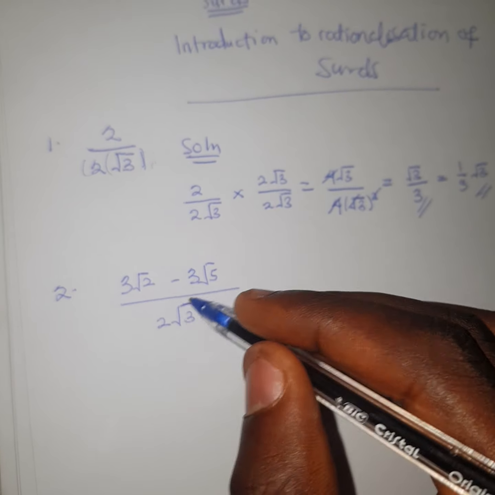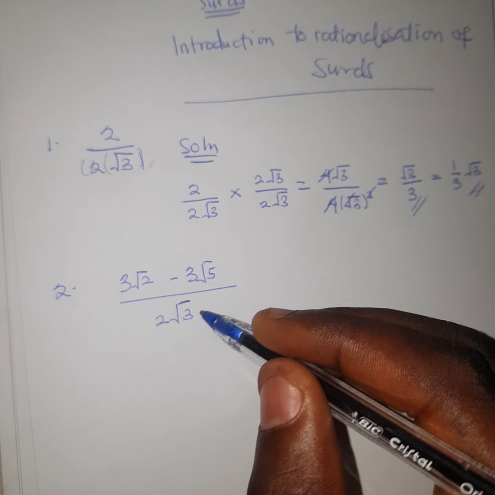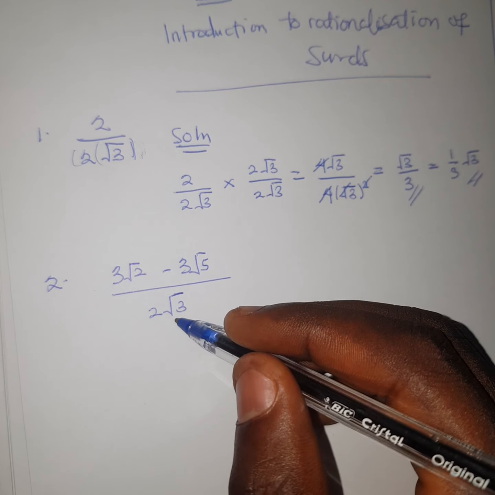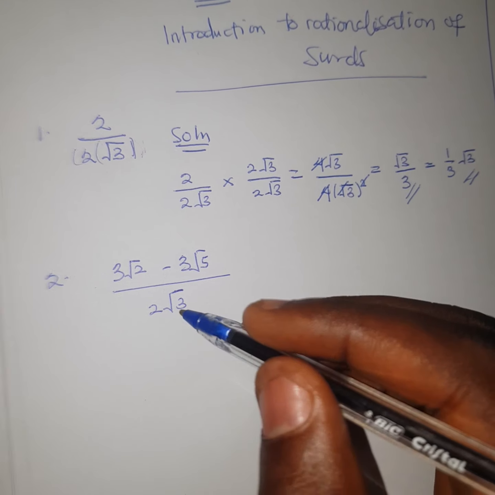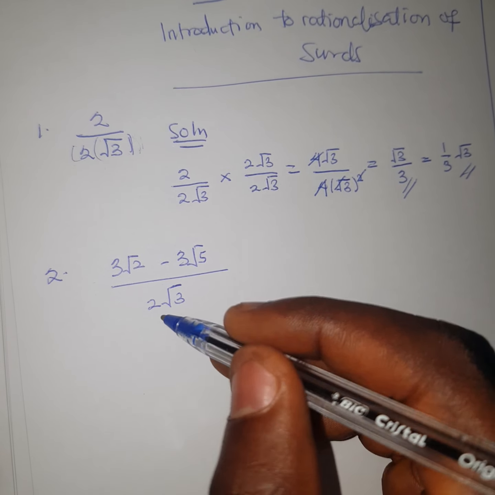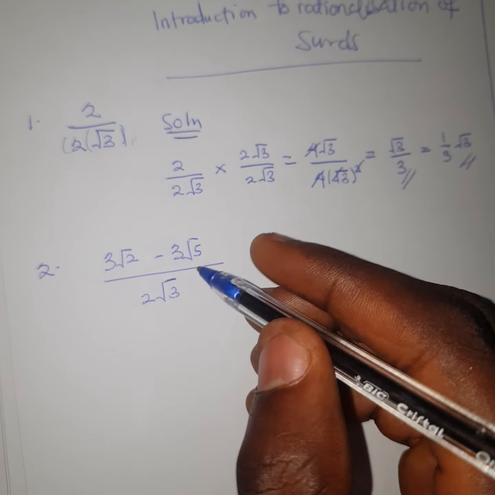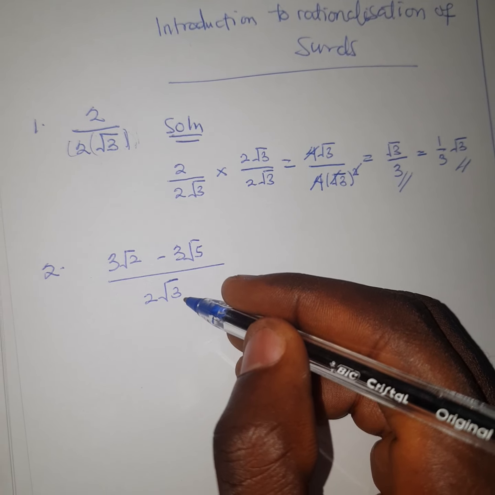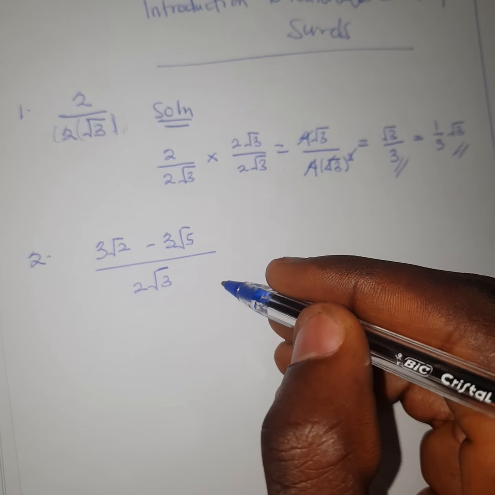The conjugate you always consider is of the denominator, and it is just the same as the first case. Here the denominator is 2 root 3, so we'll pick only root 3 as the conjugate, and multiply root 3 by the numerator and also by the denominator.